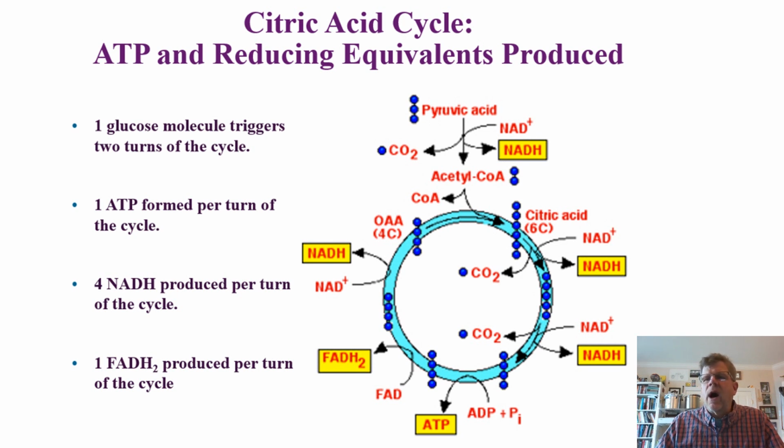So we just spent a lot of time talking about the structural changes from these carbon substrates as they go through the citric acid cycle, which is fine. This is an organic chemistry course, so I think it's appropriate that we're actually looking at the carbon changes, the structural changes as we proceed from one substrate to another throughout this cycle. However, it is an energy production cycle, and we are talking specifically about energy production.